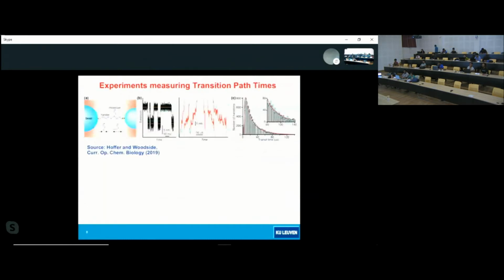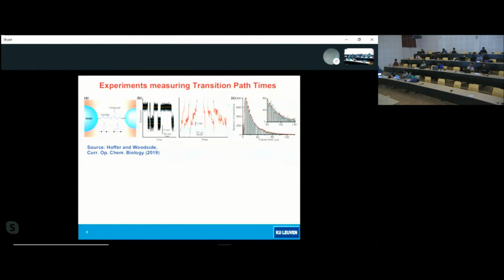So I would like to start by showing a couple of experiments. There aren't so many because these are very difficult measurements. But one of the systems that people are studying is the hairpin. I think you know the DNA hairpin. This is a system where people also studied the Jarzynski equality and all this.